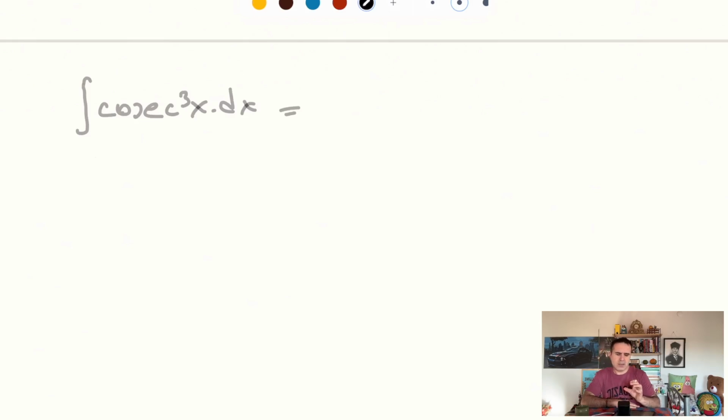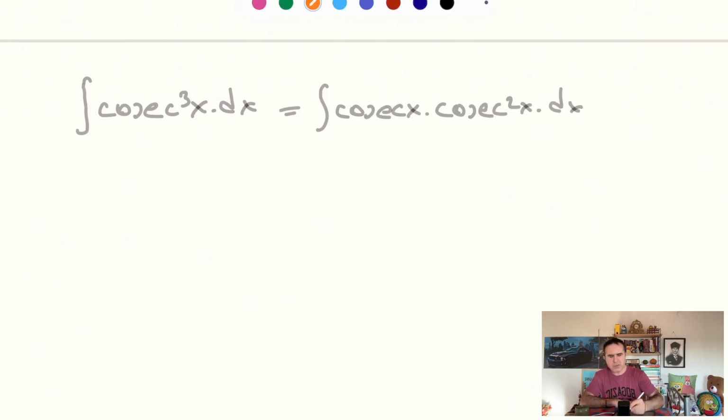Again, we will split this cosecant cube x and take cosecant square of x and cosecant x differently. We will say that cosecant x times cosecant square of x dx, and we will use the same method, integration by parts, and again we will say this part dv and this part u.